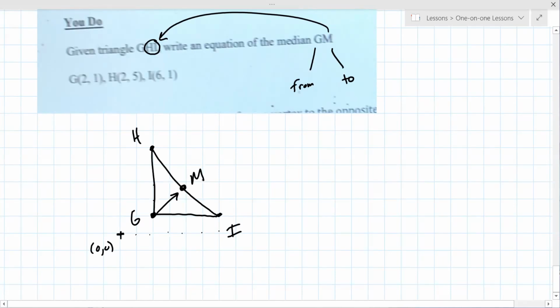So you don't have to graph it, but graphing it does really help because you end up getting a better sense of where it is, but it's not mandatory.